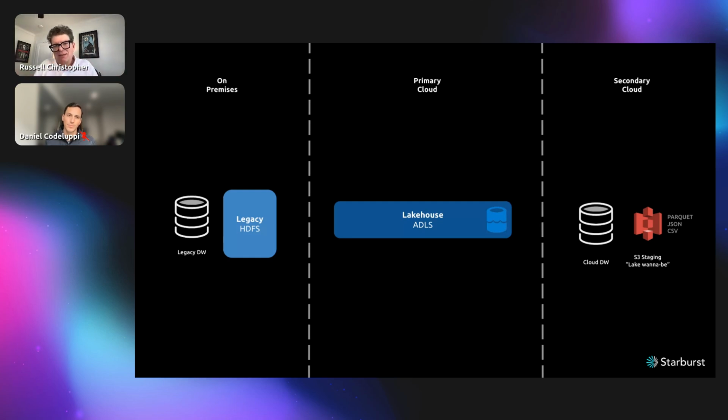Well, you know what I'm about to say. This is a Starburst webinar. What we would suggest is in your primary cloud, you're going to go with Starburst as your primary analytics engine. Now, the beauty of using open standards, of course, like if you're using Iceberg here, is you can also bring other tools to the table. If you love your Spark, bring your Spark. It'll work just as well, and we complement each other.